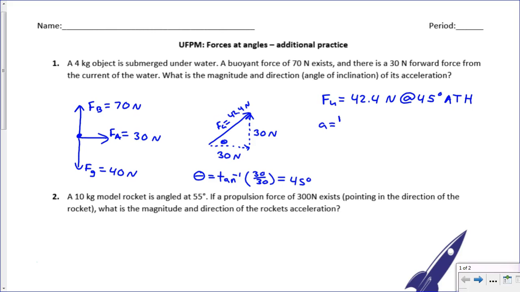We know a equals Fu over m, which equals 42.4 over 4, which equals 10.6 meters per second per second. And the direction is 45 degrees above the horizontal.